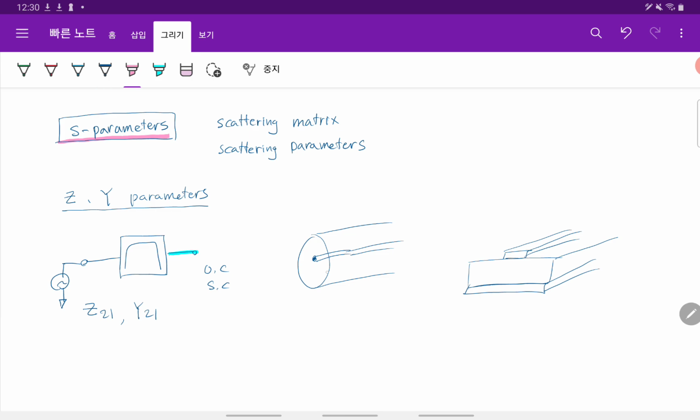Take a coaxial cable: open means this is the signal line, this is ground, and we just leave it open without putting anything. But because the microwave signal comes, some part will radiate, and there is some parasitic capacitance to the ground.